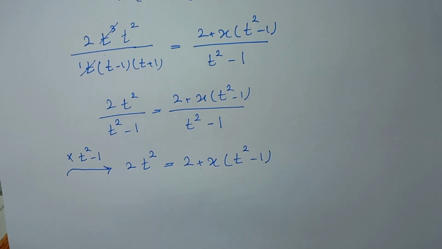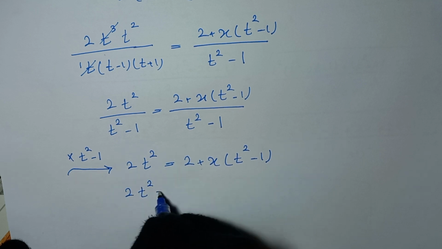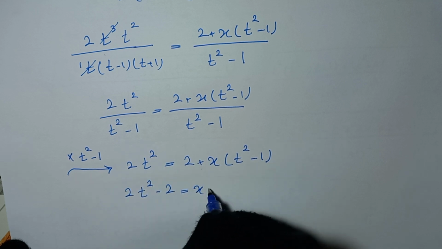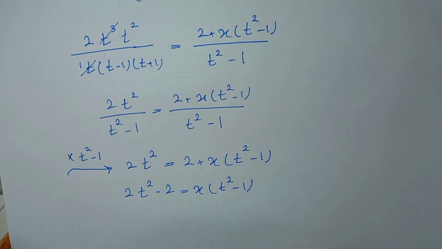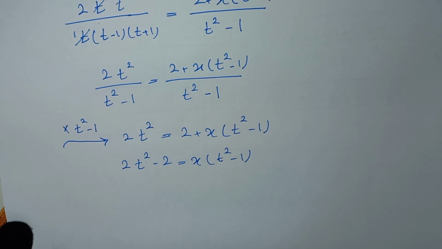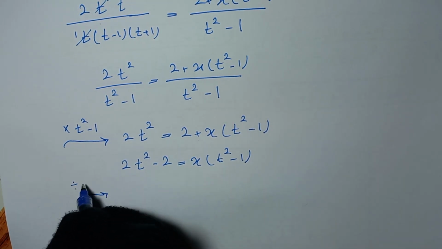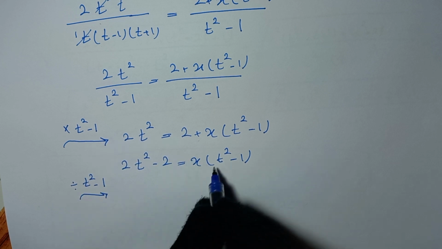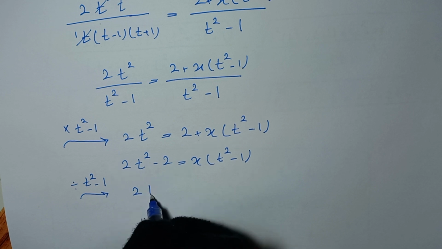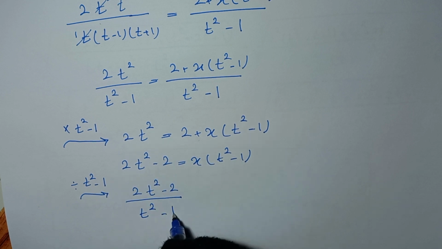And next step, we take this 2 to this side, and it will be 2t squared minus 2 is equal to x times t squared minus 1. And next step, we divide both sides of this equation by t squared minus 1, and in here it will be 2t squared minus 2 over t squared minus 1 is equal to x, right?